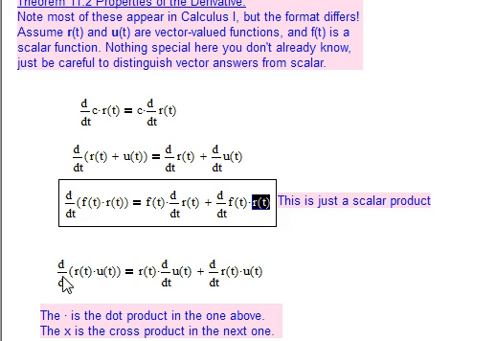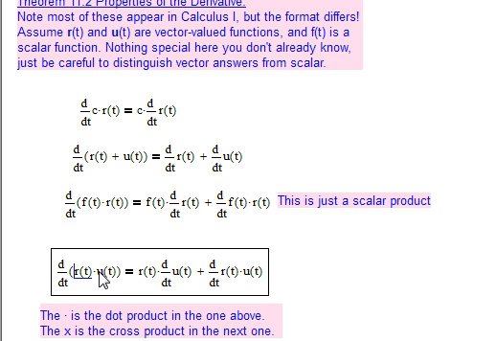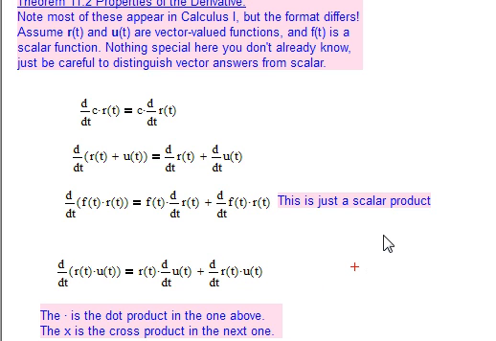This one is interesting. We have the derivative of the dot product of two vector valued functions, and again the product rule holds. First times the derivative of the second plus derivative of the first times the second, or second times the derivative of the first, whichever way you want to look at it. First d second plus second d first. You've probably heard that before.